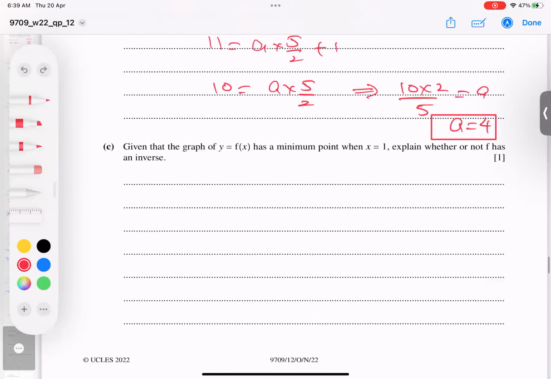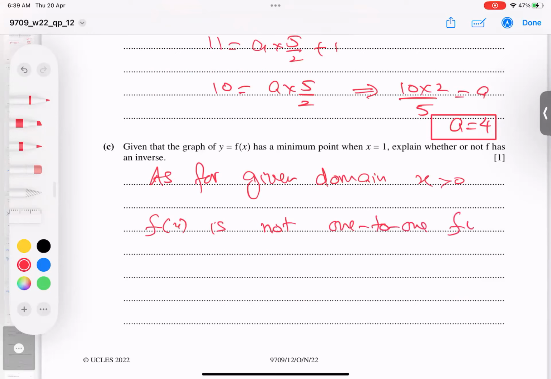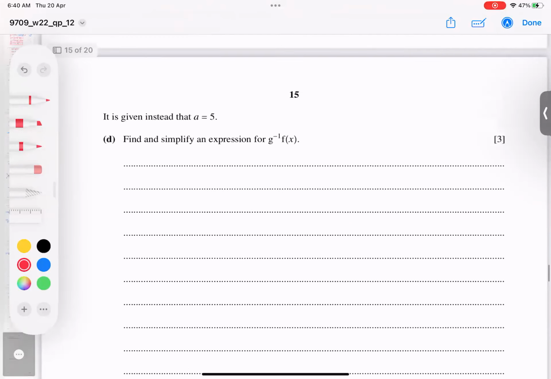But now, right here, as for the given domain x bigger than 0, f of x is not a 1-to-1 function. So no inverse. Has no inverse. I hope you got the point.